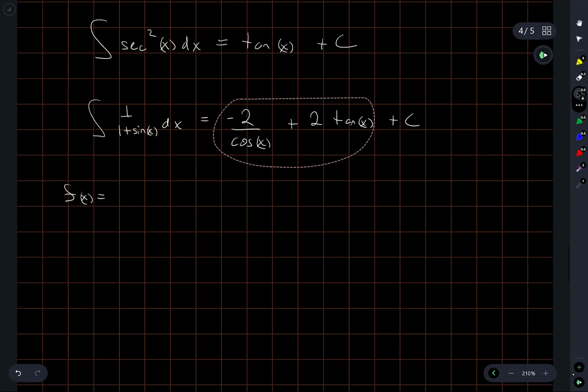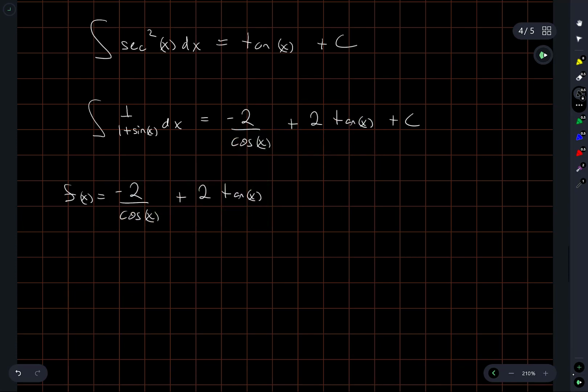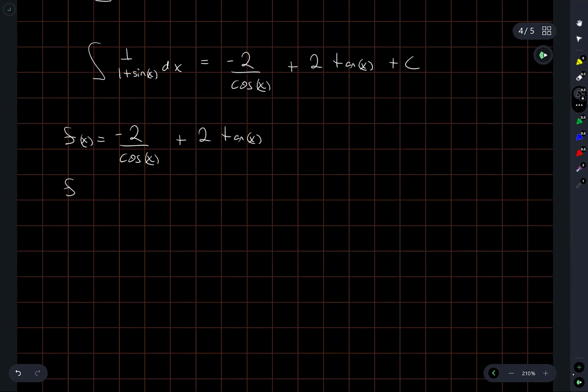So let's let this be equal to f of x. Then f prime is equal to negative 2 times 1 over cos squared x.